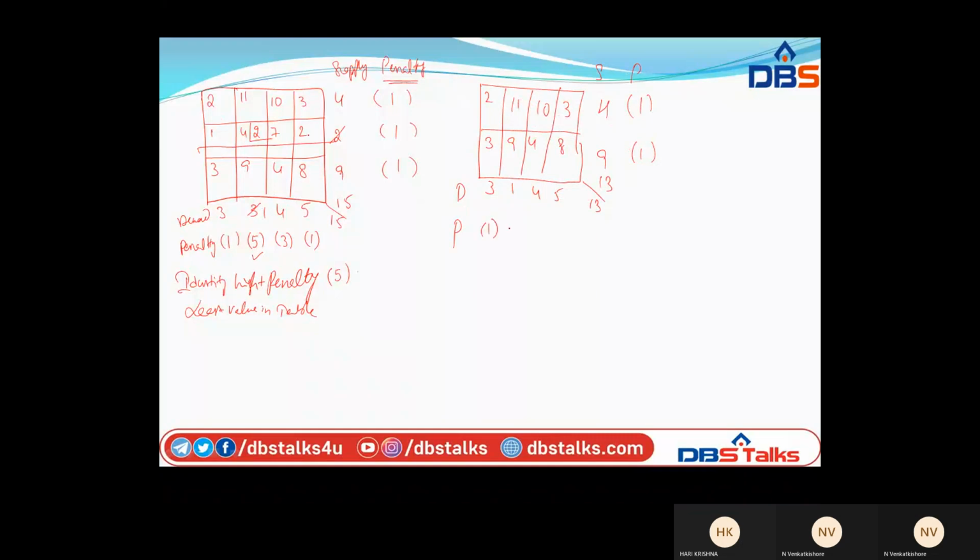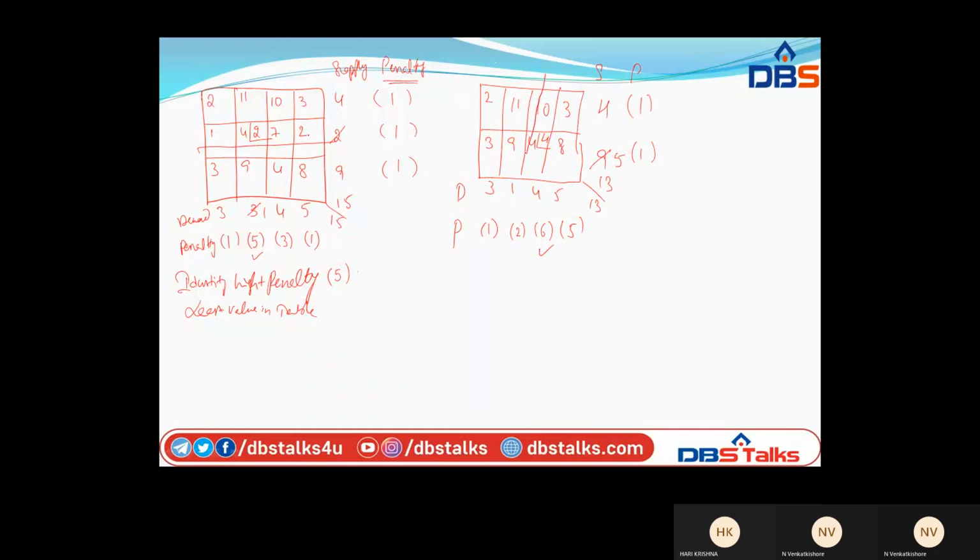Whatever the penalties we are having: 1, 9 minus 11, 2. This is 10 minus 4, 6. 8 minus 3, 5. Then what is the highest? 6 is the highest. What is the least value? 4. Among 4 and 9, which one is the least here? 4 is the least. So eliminate this as 5.